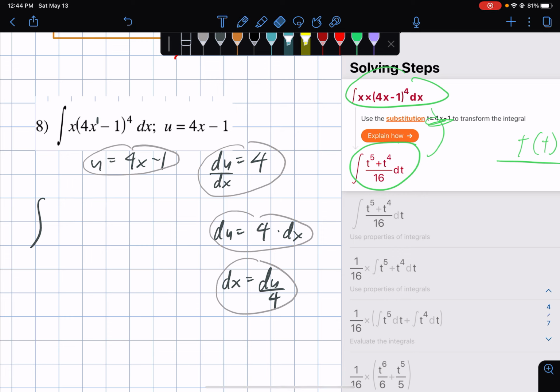What if we try to distribute first? But that would be against the PEMDAS rule. No, no can do.